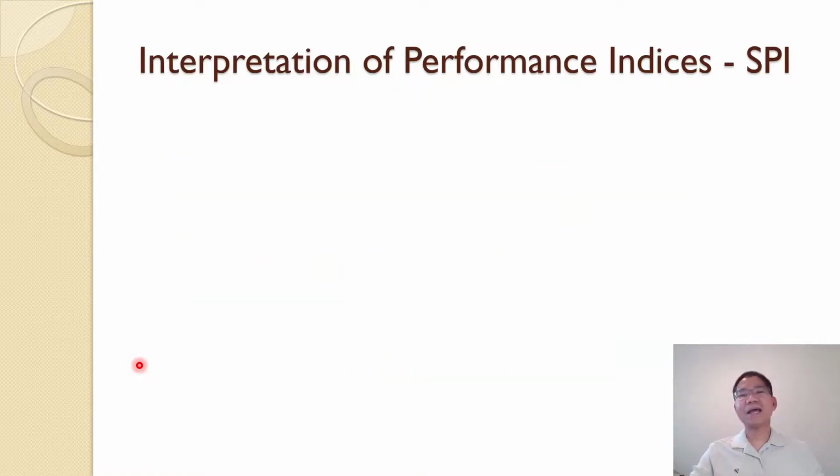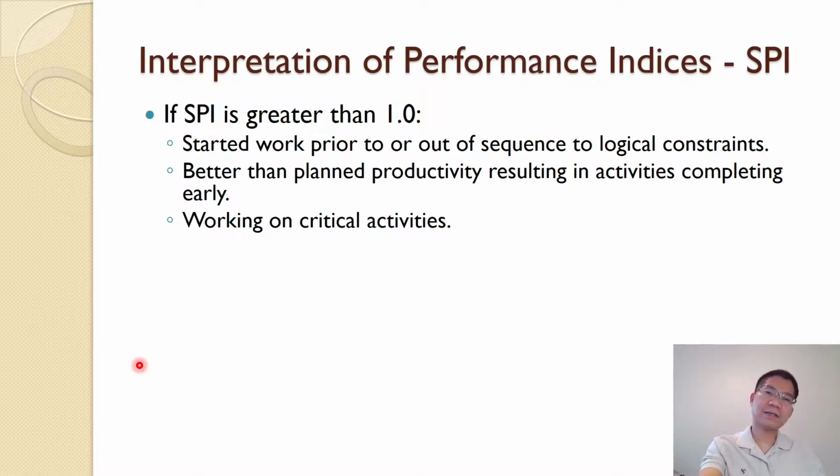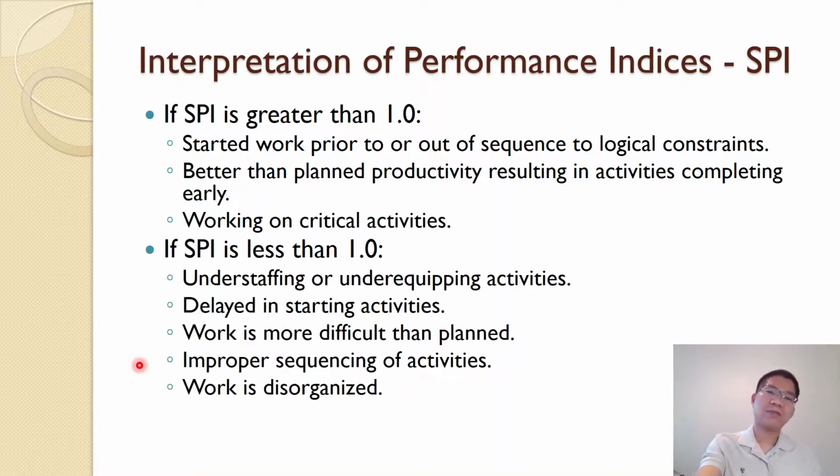The last slide that I want, so interpretation of performance index in this case is the SPI, Schedule Performance Index. Similarly, if it's greater than 1 for SPI, it can be maybe you started to work prior to the logical constraint or out of sequence, so you start early, or you are better than planned productivity, that's good, or you are working on a critical activity, so that is good if it's greater than 1 for SPI.